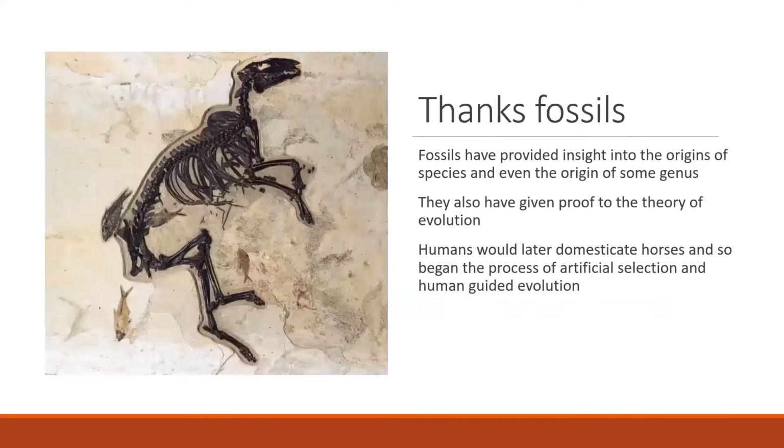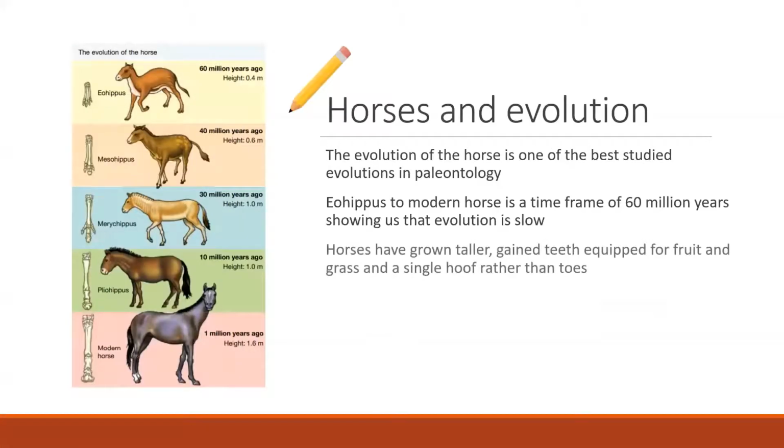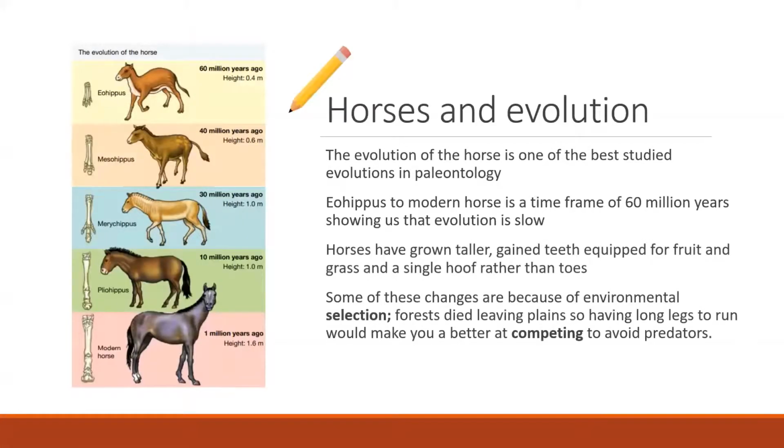Last lesson we looked at the evolution of the horse. We did that over 2 slides. We said that the horse got teeth that allowed it to eat better grass. It got taller so it could escape from predators.